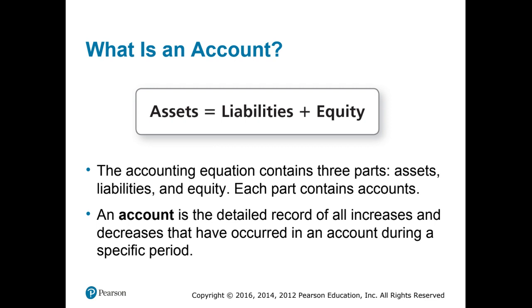We have assets equal liabilities plus equity. The accounting equation contains three parts: assets, liabilities, and equity, and each part contains accounts. An account is the detailed record of all increases and decreases that have occurred in an account during a specific period.